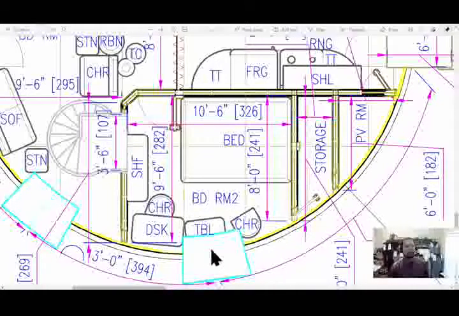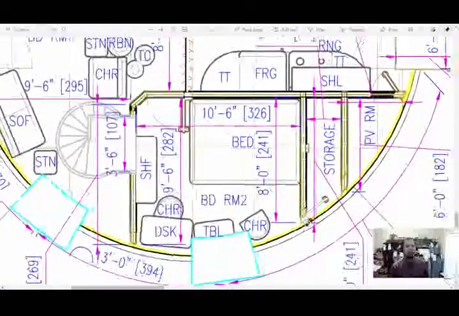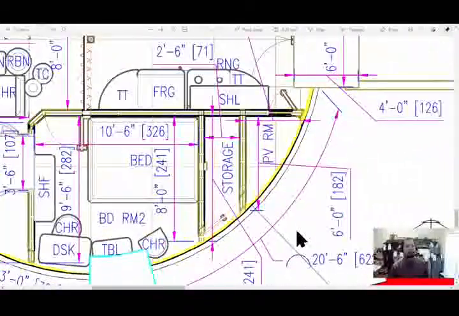Of course, it's a bit more challenging to give dimensions as opposed to a squared or rectangular room. So here, for example, I'm given the dimension of this distance from wall to wall, and this distance from this edge of this wall to the edge of this wall here, given right here.